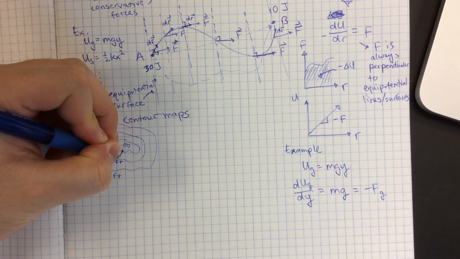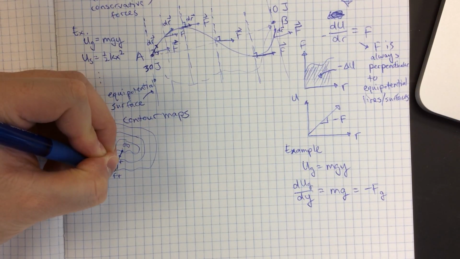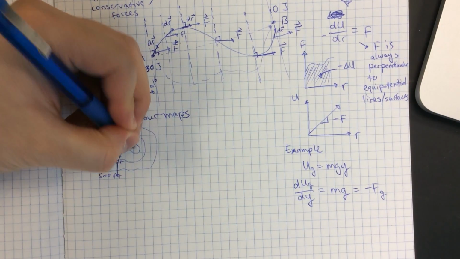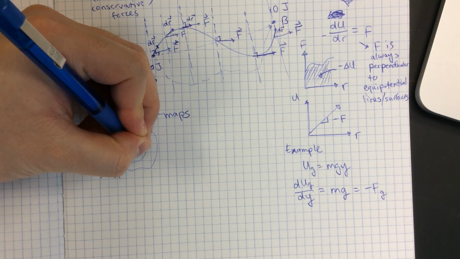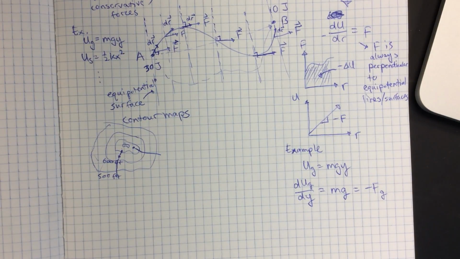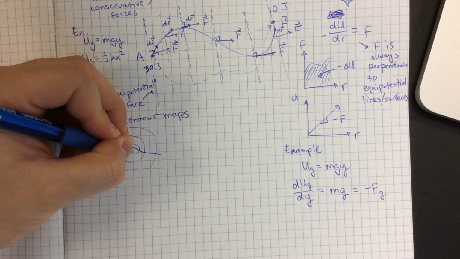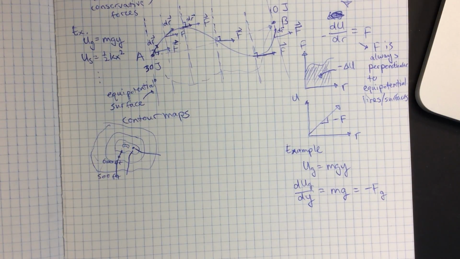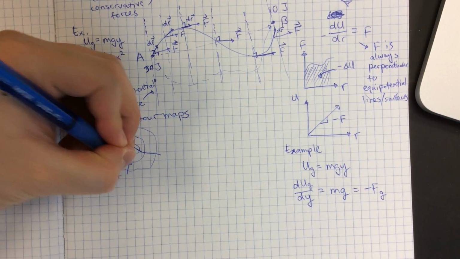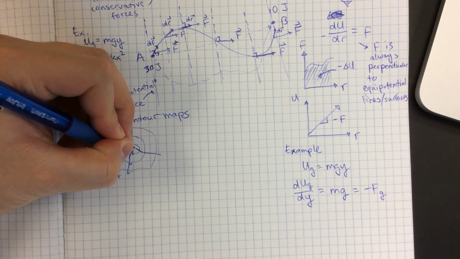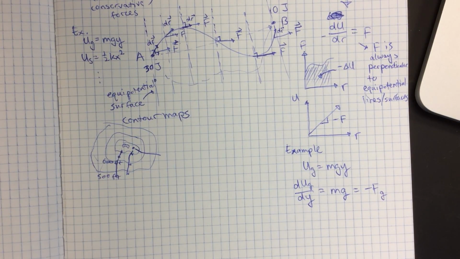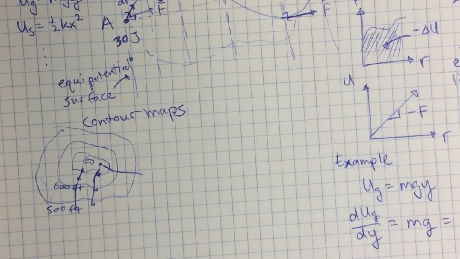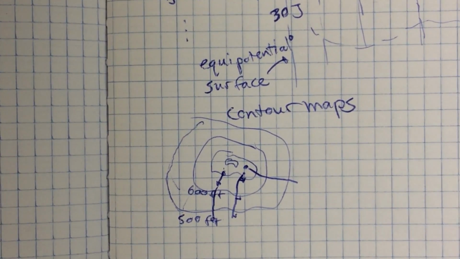It should always go perpendicular to the surface, right? Or if you put it right here, it wants to go perpendicular to the surface. Or if it's closer to here, it wants to go perpendicular to the surface. Every time it should be trying to be perpendicular to that. Does that make sense?